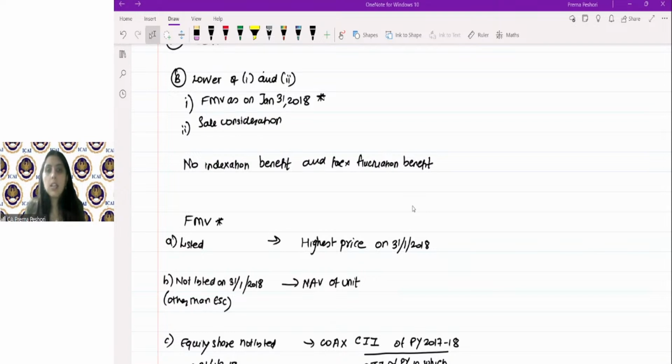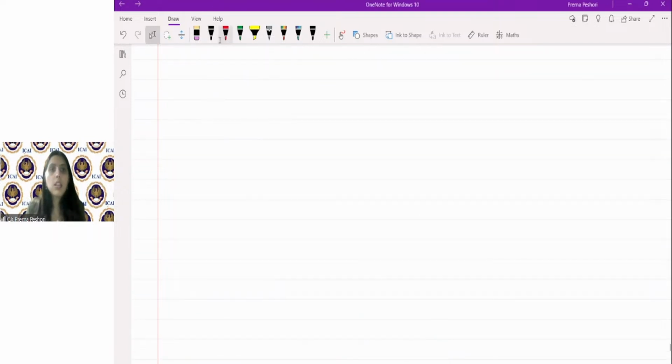So let's say my cost of acquisition, this is scenario 1 and this is scenario 2, as on 20th September 2017. In scenario 1, it is 900. In scenario 2, it is 300.